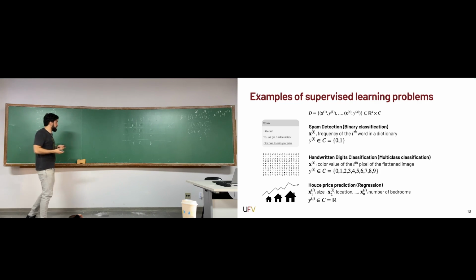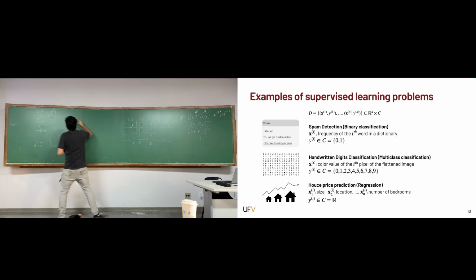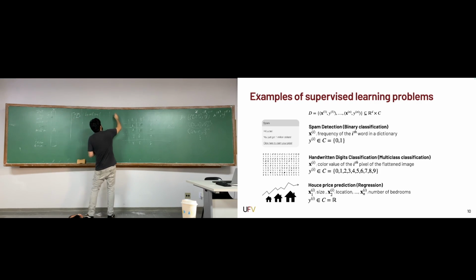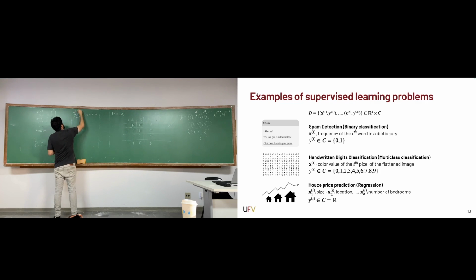Here it is very common to have this problem represented as a table where the first column would be, for example, the size of the house in square meters, and the second column would be the location. You could have many other features until you have the label, which is the value or the price. This is our y, and this is our x1, and this is our x2, and so on.